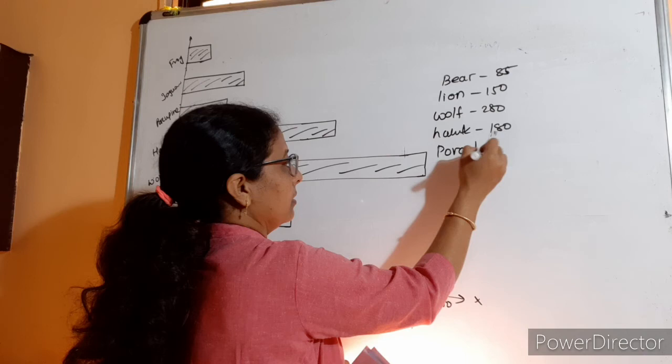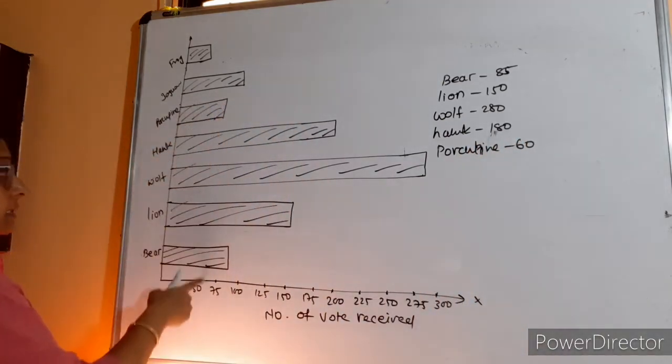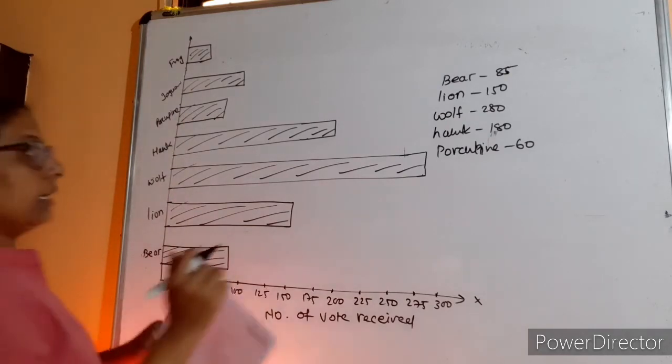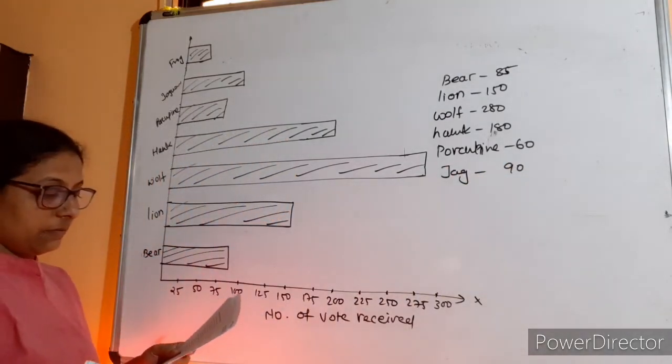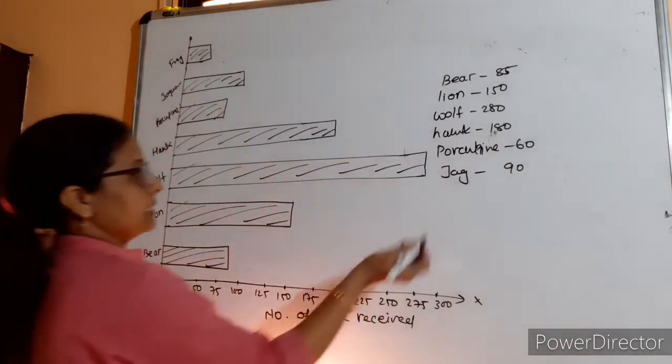Then the hawk gets more than 175, say 180. You can write approximate values. Then the porcupine gets 50 to 75, that is 60. Then the jaguar, 90. And the frog is between 25 and 50, you can say 35.